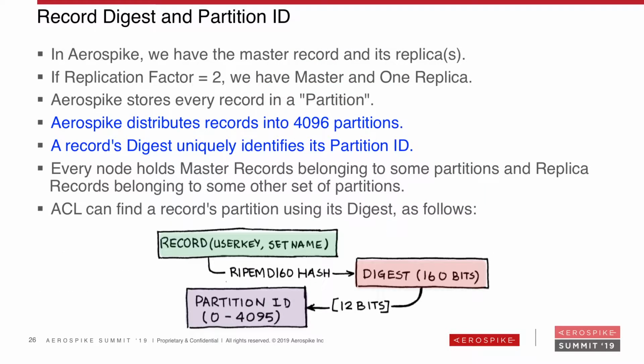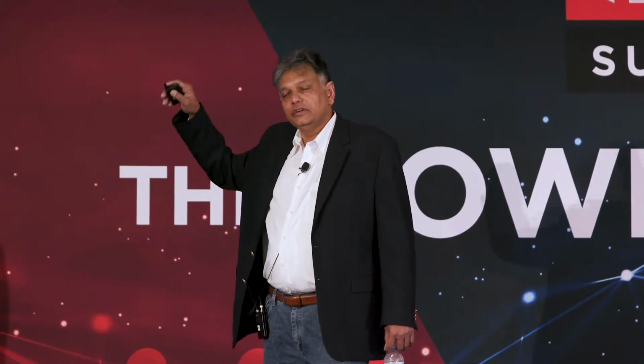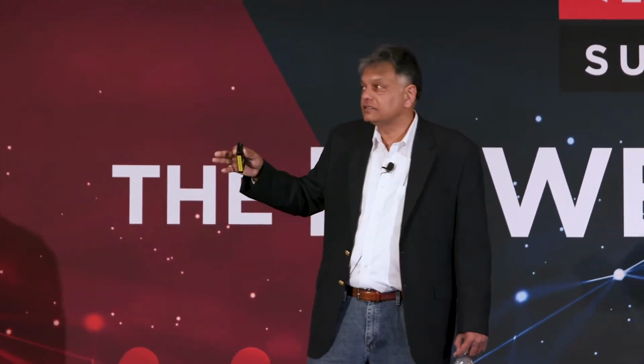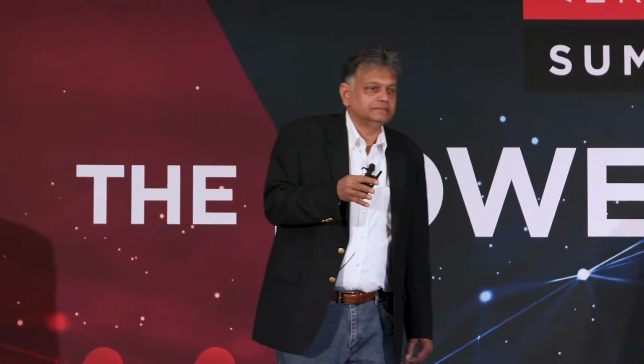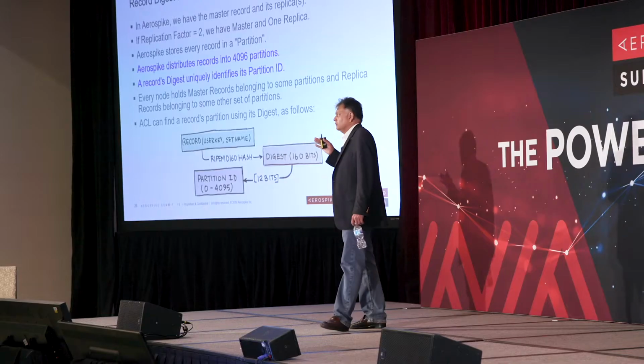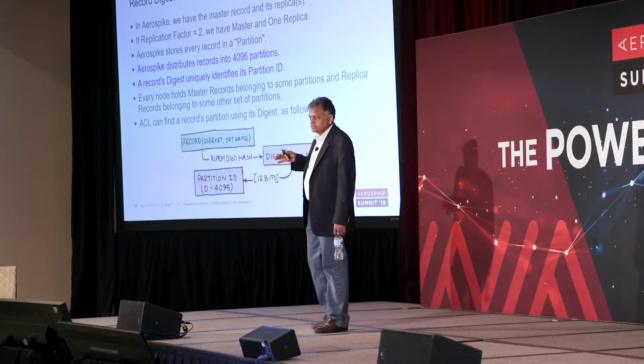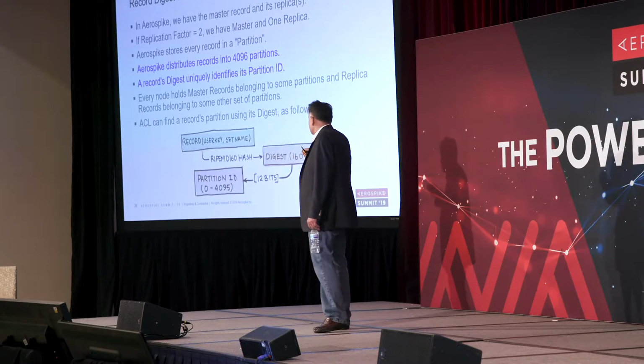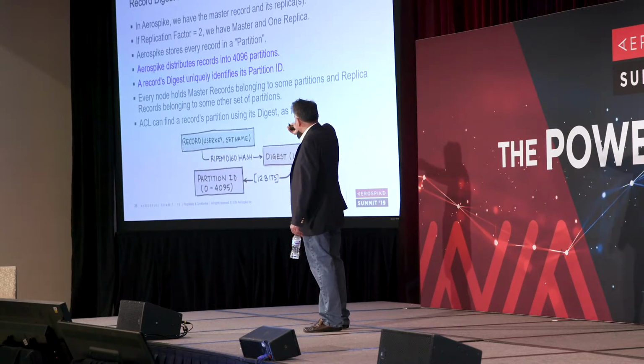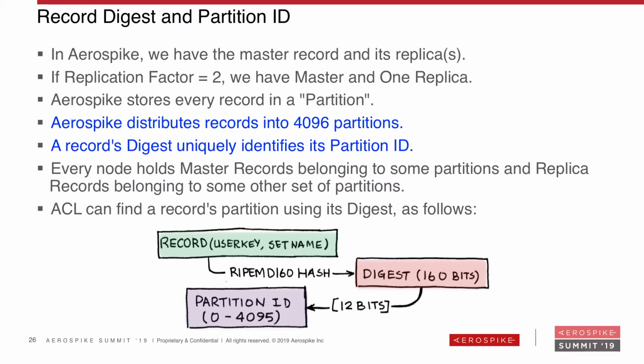Okay. Now, how does the client library find your record? We distribute all your records inside the nodes, being a distributed database, in partitions. Okay? So every record belongs to a partition, and we have 4K partitions. Now, I talked about the digest, right? You have the record, you supply your key and your set name, we hash it, we get the digest.